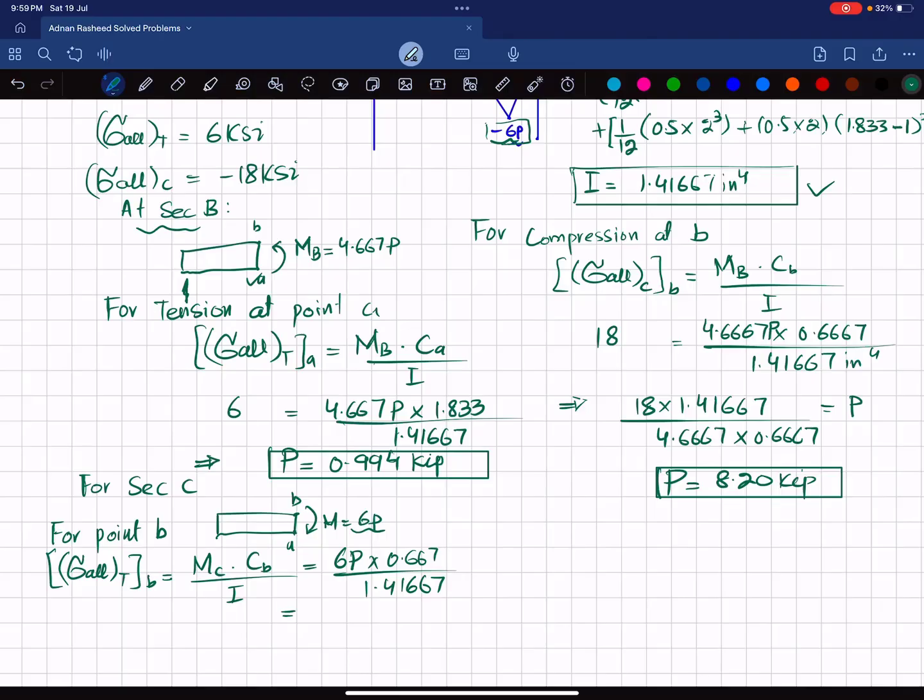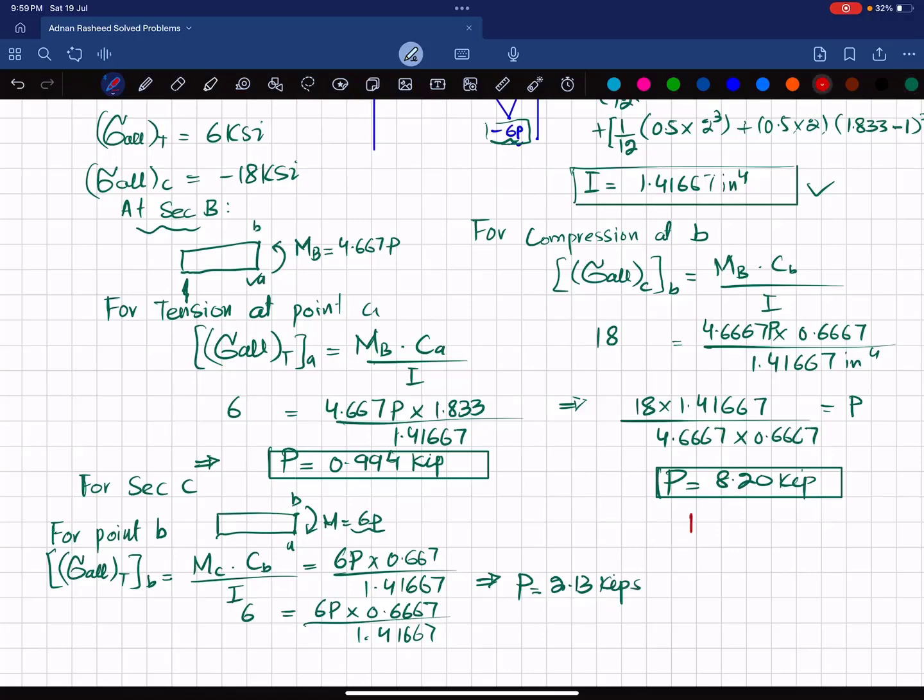Allowable is 6 ksi. So 6 is equal to 6P into 0.667 divided by 1.4167. So from here you will get P will be equal to 2.13 kips.